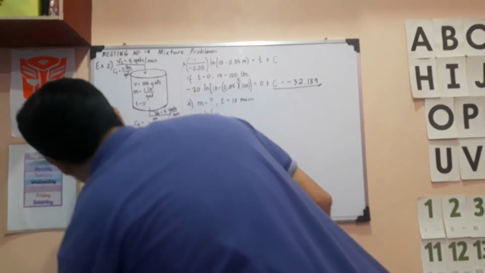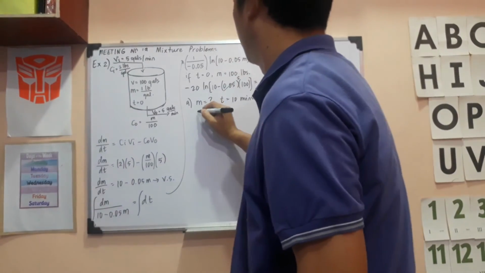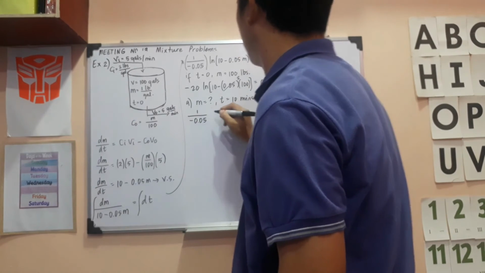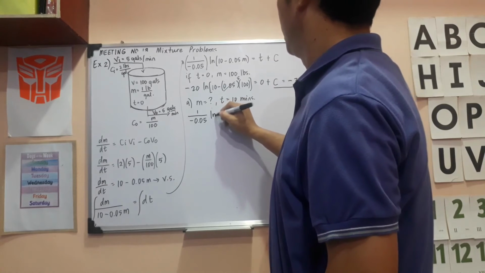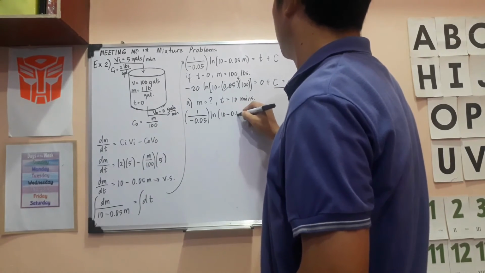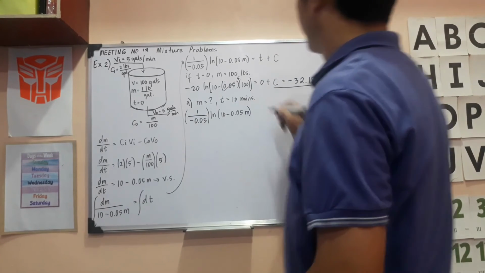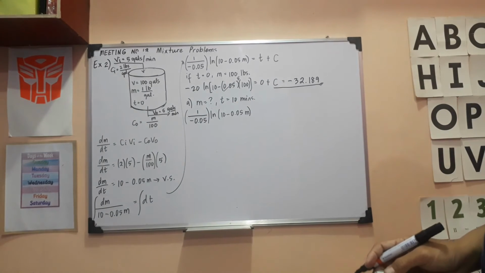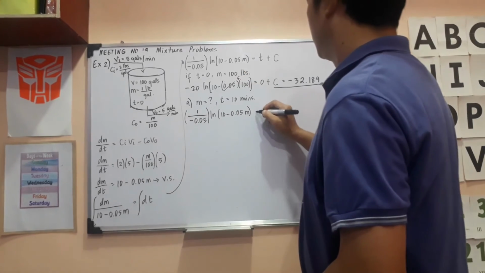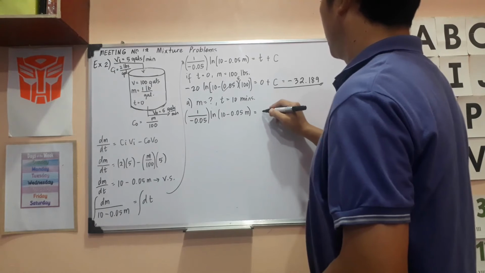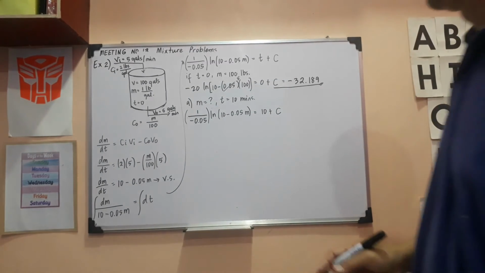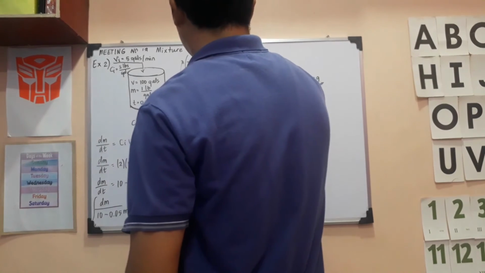Or, ganito gawin natin. 1 over negative 0.05 sa original equation, ha? And then ln of 10 minus 0.05 of m. Yan. Okay. Is equal to 10 plus C. Yan. Okay. So, sige, negative 20.